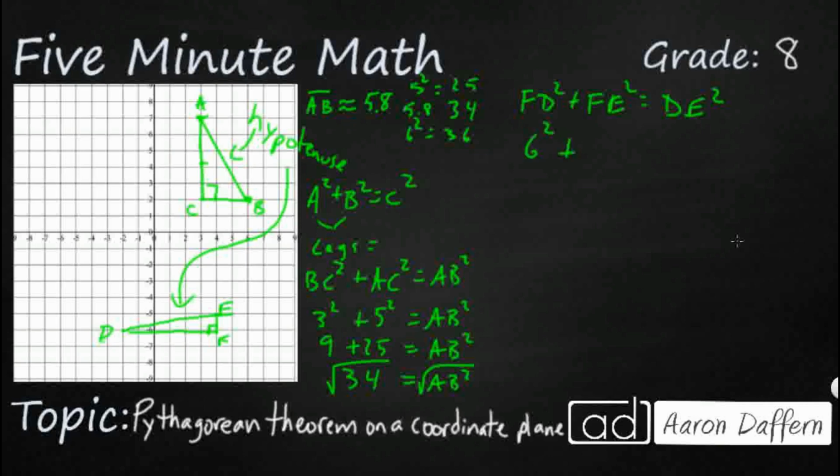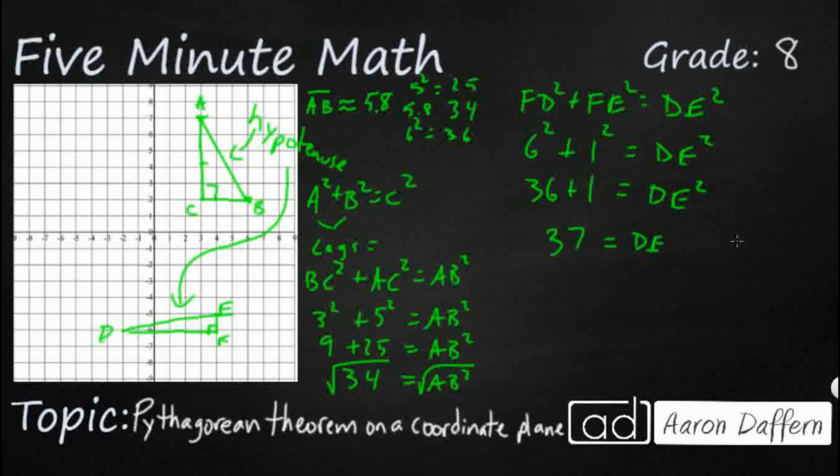Now my FE squared is easy. That's 1. And that's going to be DE squared. So that's going to be 36 plus 1. See how we just keep using the same Pythagorean theorem again and again and again, equals DE squared. So look at that. That's 37.